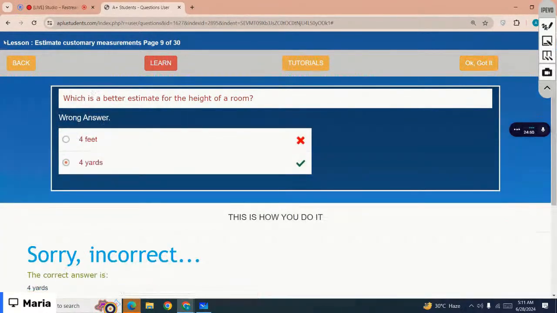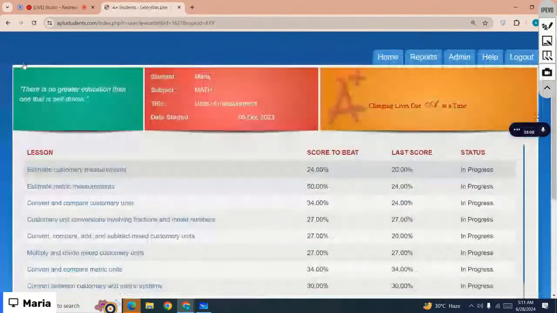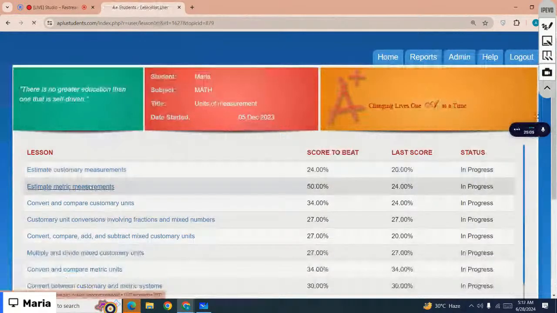I think you can complete the lesson by yourself later today. Let me just move on to the next lesson. And the next lesson is estimate metric measurements.